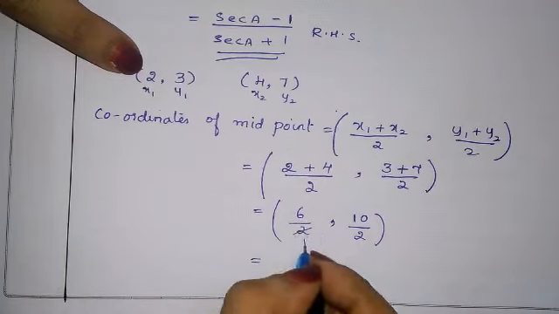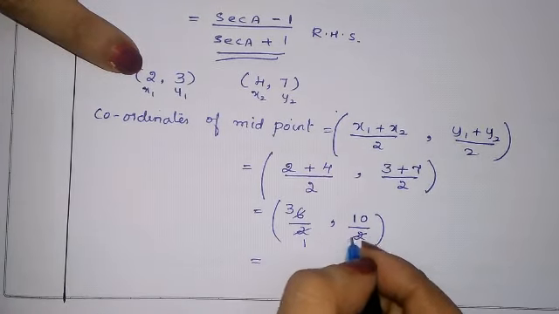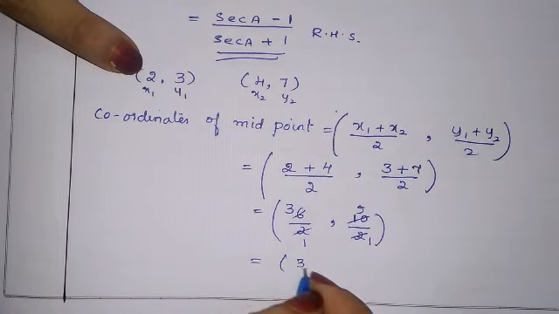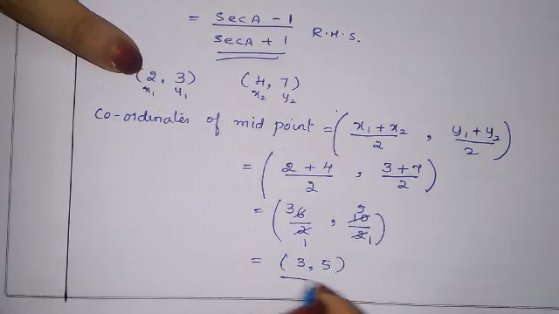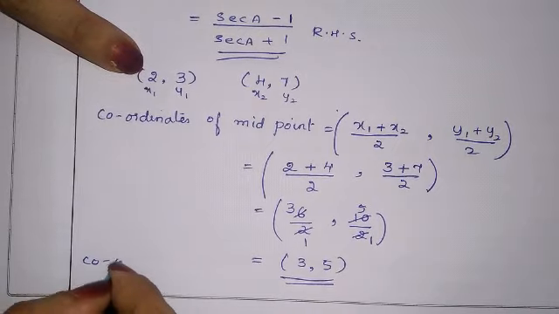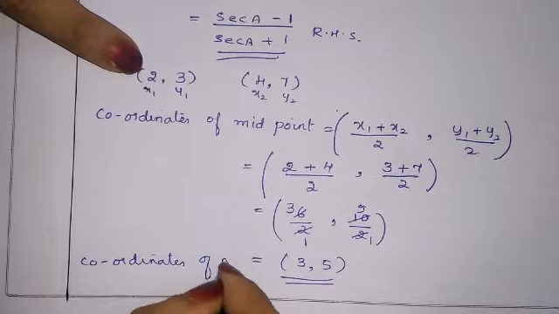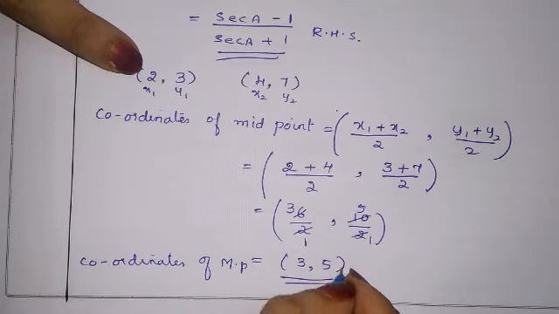Therefore 2 ones are 2, 2 threes are 6, 2 ones are 2, 2 fives are 10. So the coordinates of the midpoint is (3, 5).